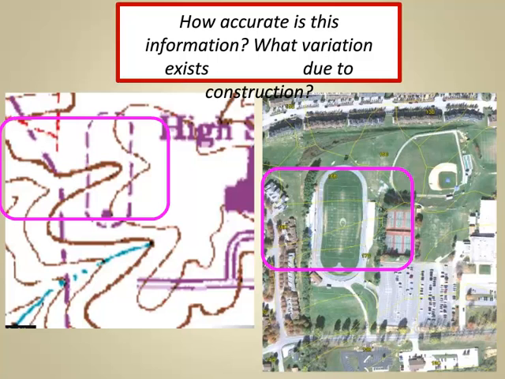Another thing you can ask, looking at these maps at this point, is the variation in topography from what is actually mapped there to what you actually find when you go out. I suspect, never having been to Christiansburg High School, that they didn't build the football field over with a gully running down to the middle of it. So I suspect where you see the purple box there, they have filled in that valley to make the flat football field.